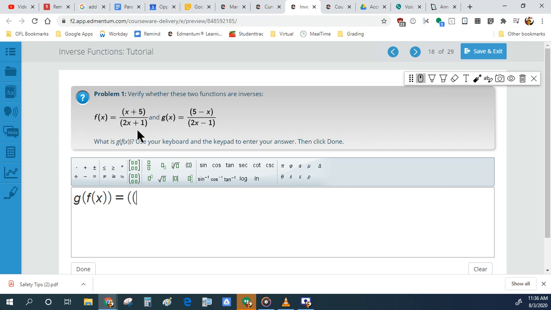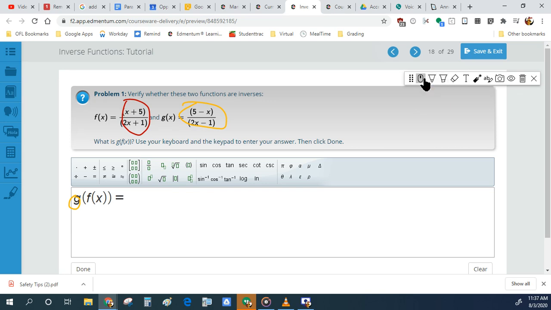Since we're replacing the x, I realize we're doing the g. So we're looking at the g and we're going to input the f into that g.